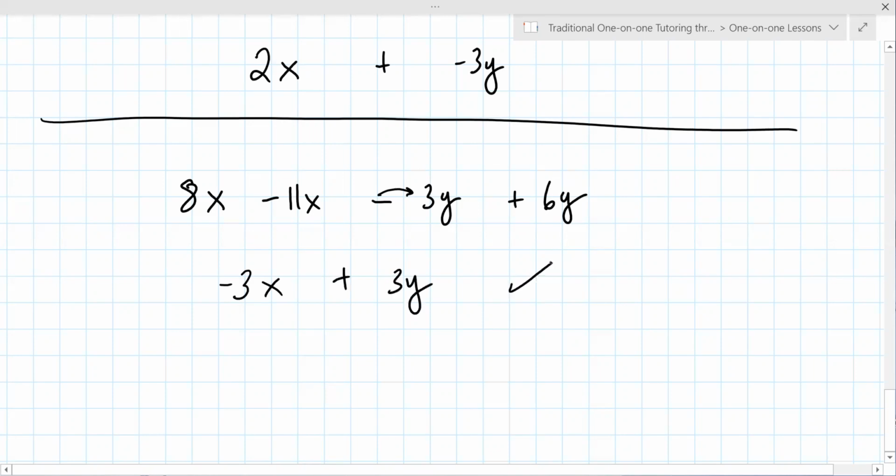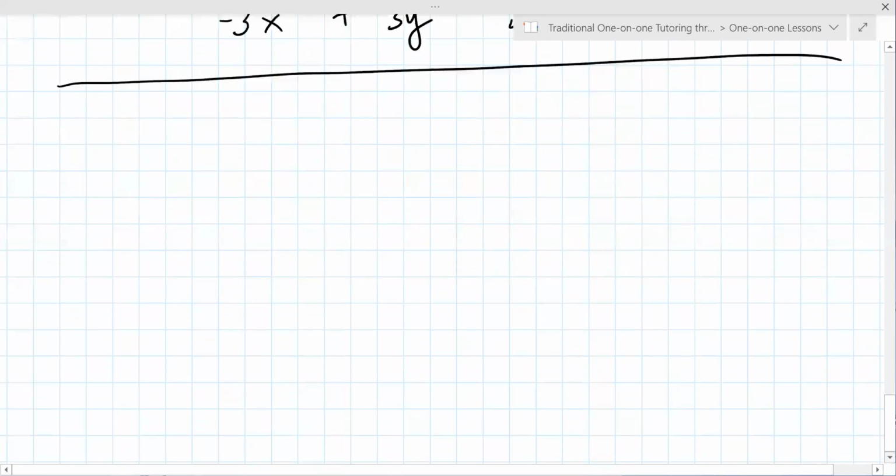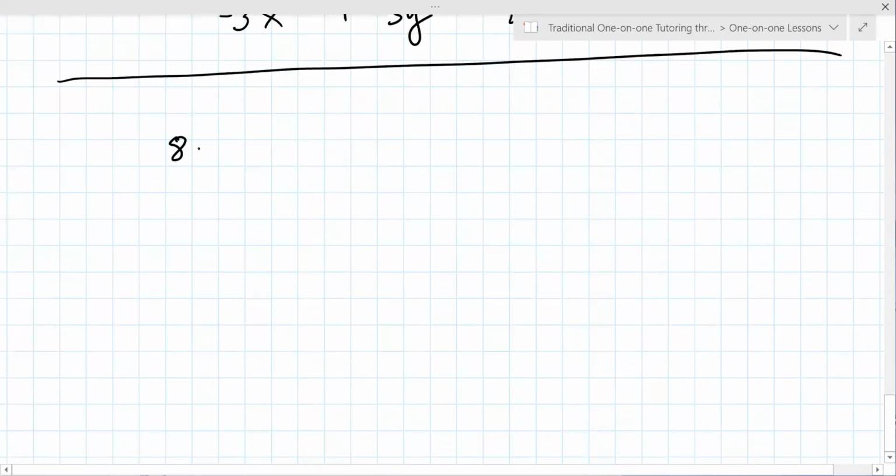Good. So now the next variation on this type of problem is one where I mix up the variables and the letters. Now the x's are not next to each other, and the y's are not next to each other either.